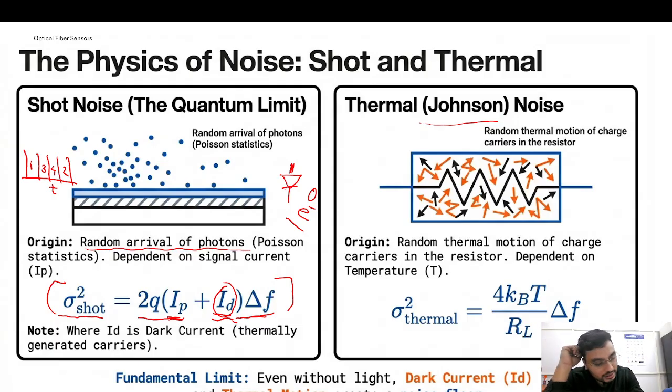So if you have a resistor, the thermal variance sigma square thermal is equal to 4 kBT by RL times delta F.